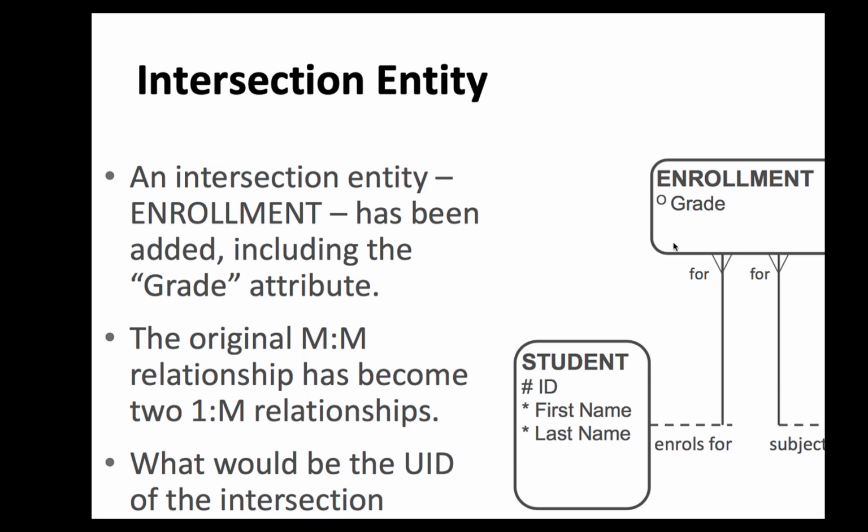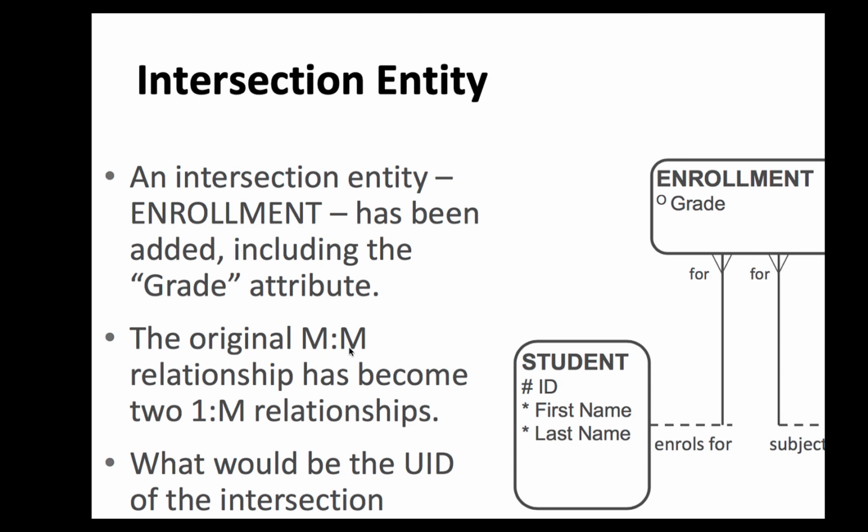Other attributes could be year or degree or something, right? If it's not mentioned in here, but I think degree could be mentioned in subject here, okay? So we are creating another entity, an intersection entity, and the intersection entity enrollment has been added, including the grade attribute.